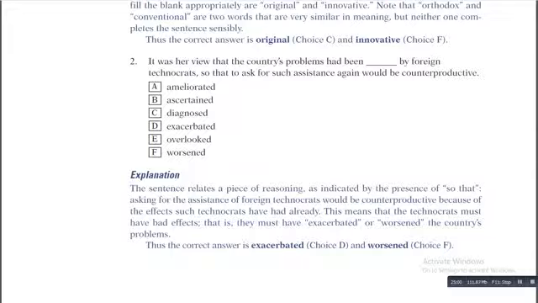So it was argued that the country's problem had been exacerbated by foreign technocrats. That means if you look at it, exacerbated here means that it has been worsened by foreign technocrats, which is a lie. So every other person believes that okay, the foreign technocrat has actually helped the country.